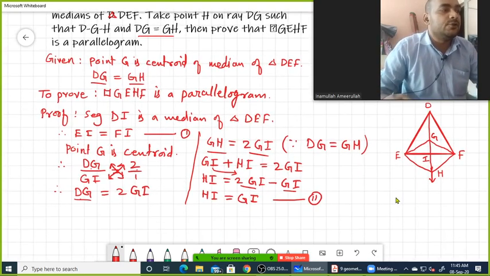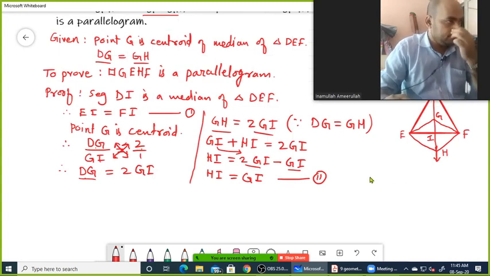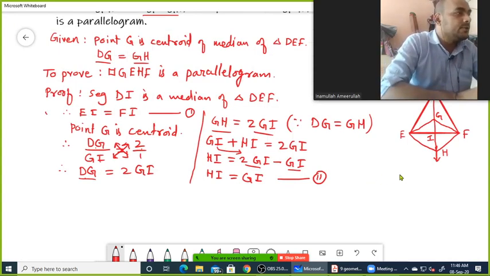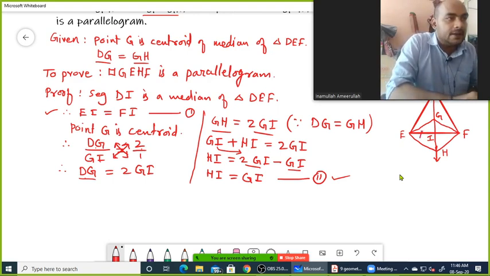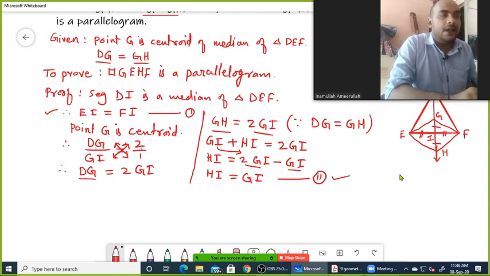From information 1 and 2. This is information number 1 and this is information number 2. EI, FI, the intercepted part of one diagonal, and the second information says HI, this one, and GI, this one. So now it is proved that diagonals bisect each other from 1 and 2.